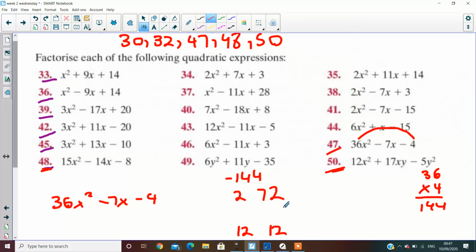One of them's too big, the other one's too small. Let's try 8, somewhere in the mid-range. What's 8 into 144? Is 8 and 18 any good? Is 8 and 18 too big or too small?